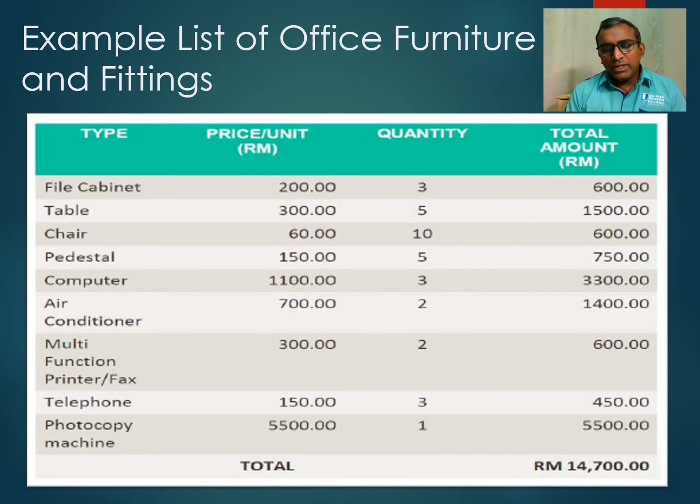As you can see in the example given, you don't see what is on the side of the operation because that is dedicated to the operational budget. This one is just for the main office, what is required for the admin personnel.